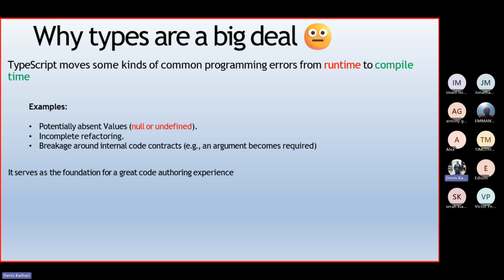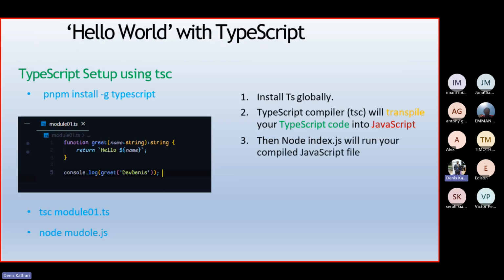And finally, we concluded by writing our first TypeScript code, where we installed the TypeScript compiler. Then we were able to use the compiler to transpile our first function from TypeScript to JavaScript. Then we ran that. We were able to see the output in JavaScript.